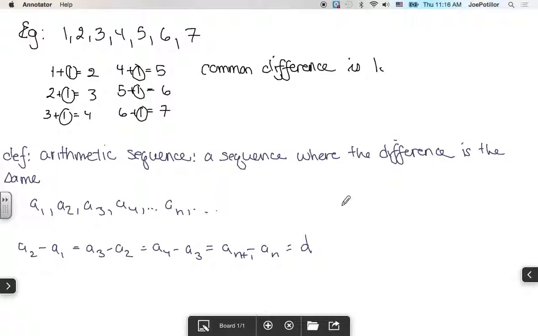So now I want you to do some examples of how to determine if a sequence is arithmetic. So let's do that.